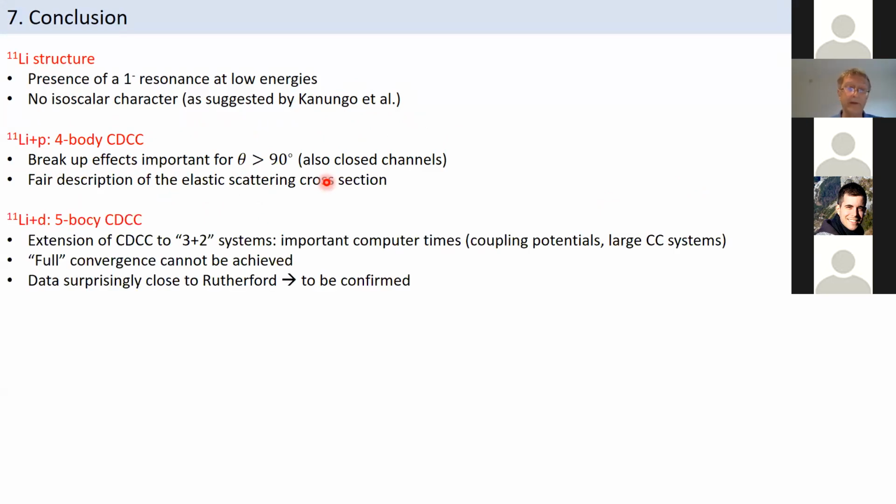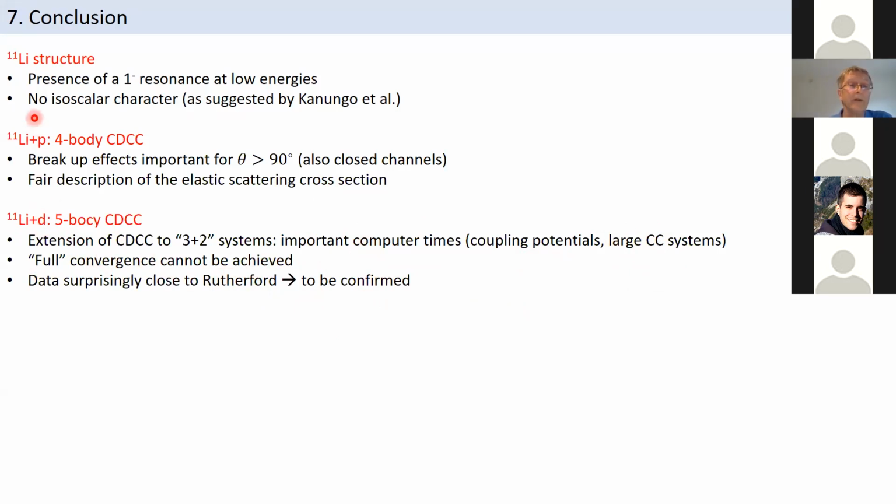So the main focus of this work was an extension to lithium 11 plus deuteron, which is a 5-body problem, and which requires important computing times, because the calculation of the coupling potentials takes time. There are large coupled-channel systems, which means that a full convergence cannot be achieved.